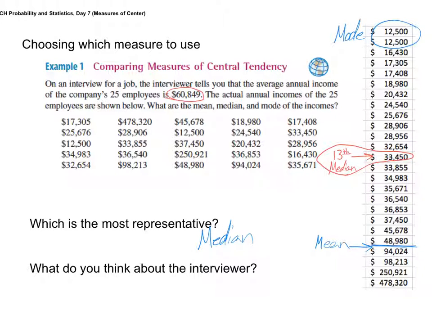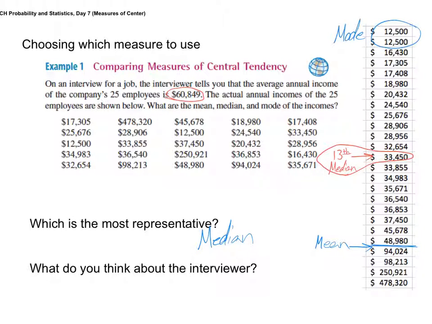Now, let's say you are an employee here and you are trying to use these statistics to support your claim that they ought to pay us all more. Which statistic would you use? Mean. To say that you wanted to get paid more? They'd say, hey, you guys are making an average of $60,000.